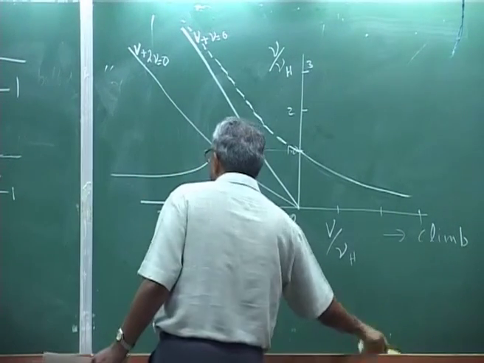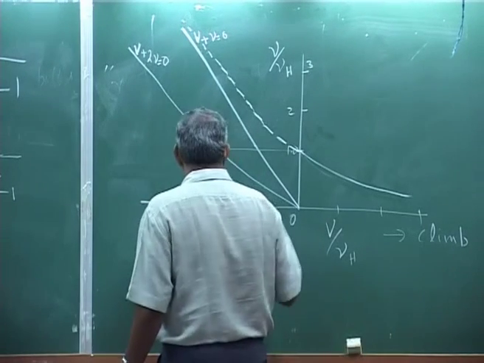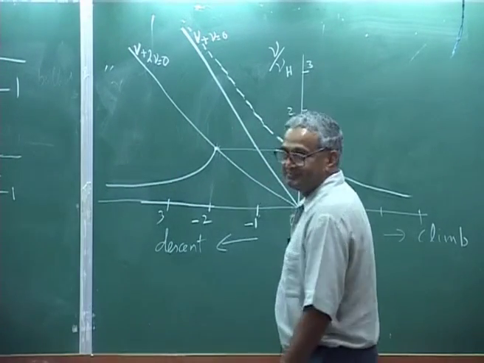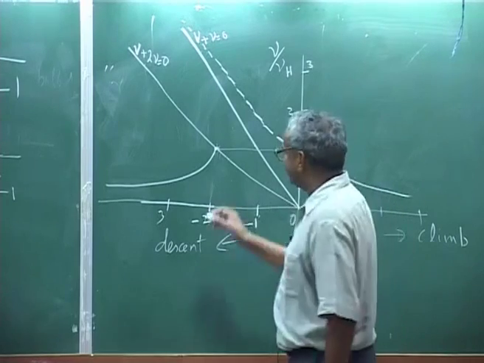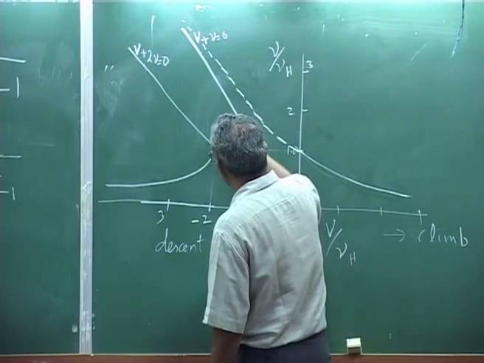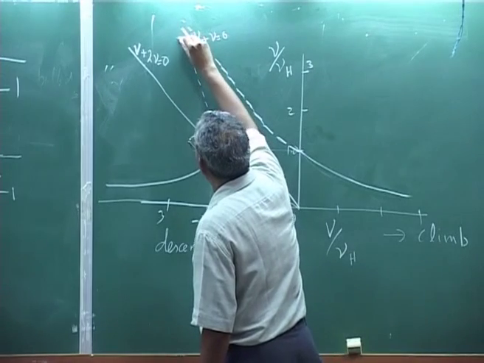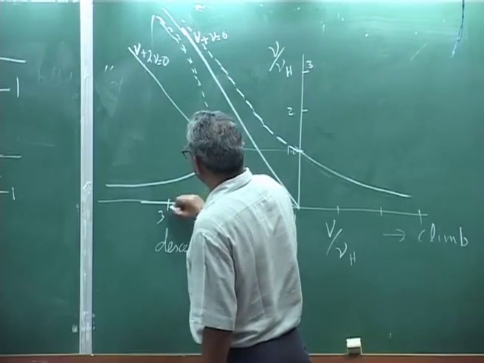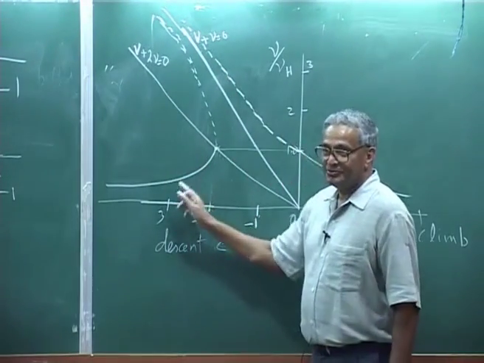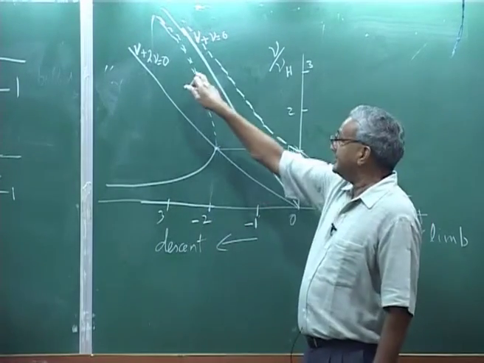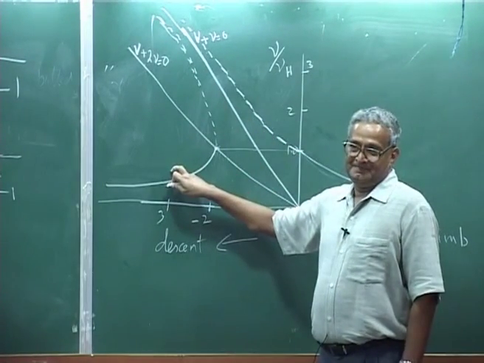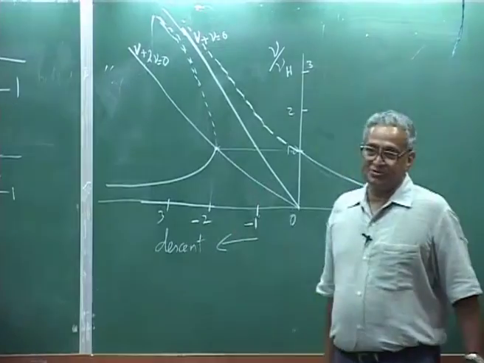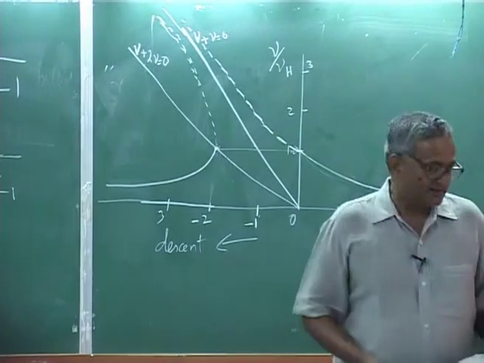And the other root will go asymptotically to this. So, for every value of this you will have two roots. One of the roots will be above, one will be below. Now, I have plotted this by a continuous line, this by a discontinuous line, just to indicate.